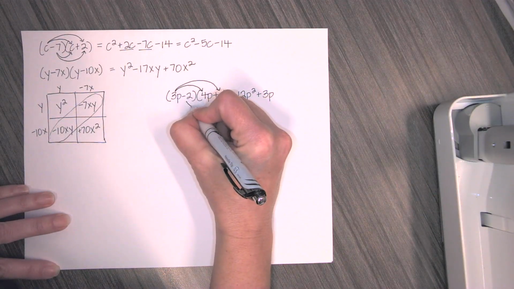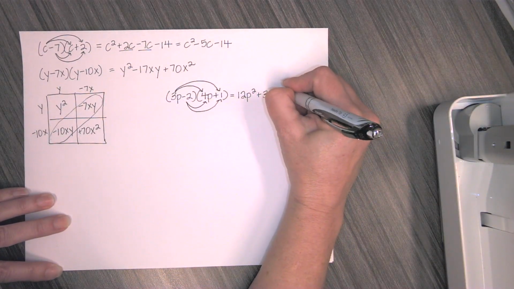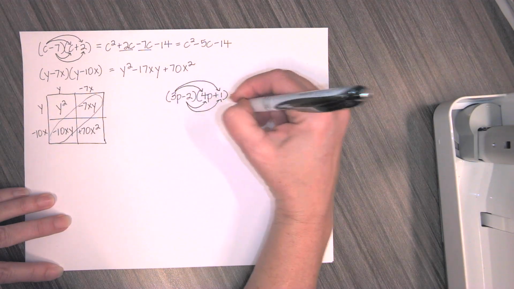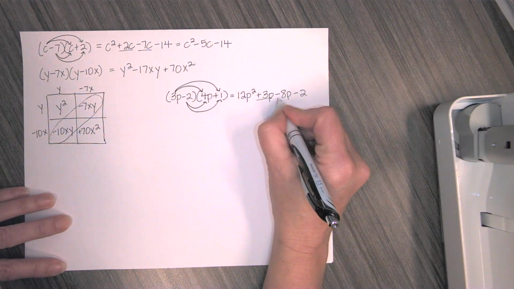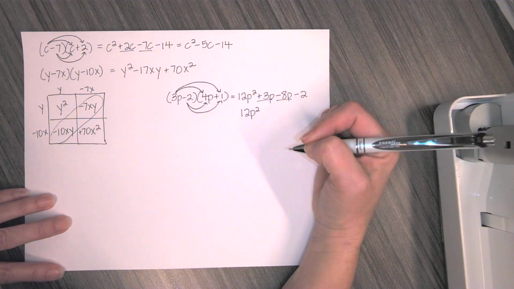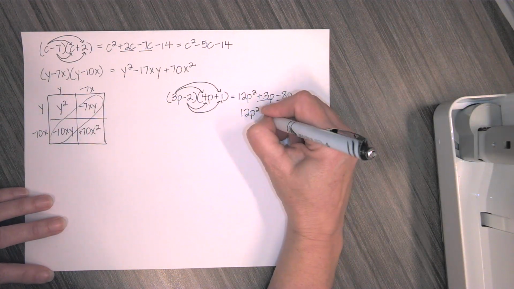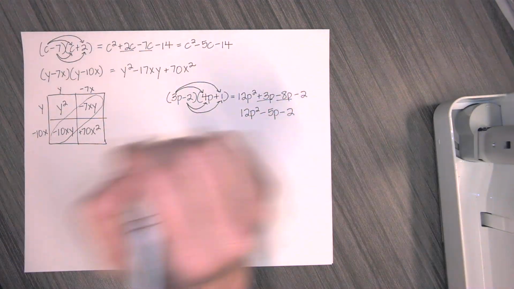Now we're going to come back and we're going to distribute the negative 2. Negative 2 times 4p is negative 8p. Negative 2 times 1 is negative 2. All right, we've got some like terms here that can be combined. We're going to end up with 12p squared minus 5p minus 2.